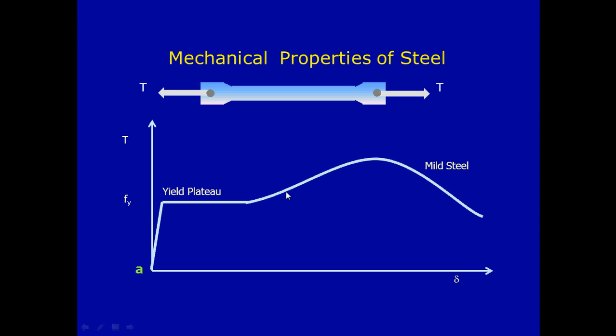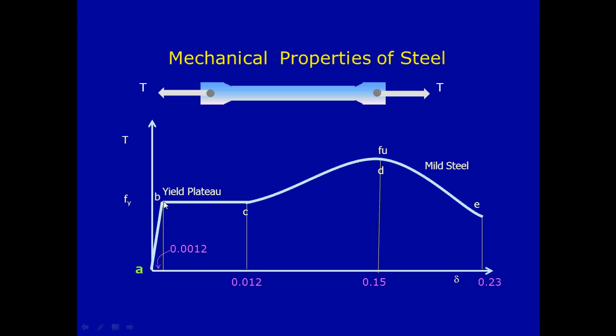At point A, the curve begins, and at point B, the yielding of the material begins. At point C, the yielding finishes, and at point D, the ultimate strength of the mild steel bar is achieved. At point E, the material breaks.